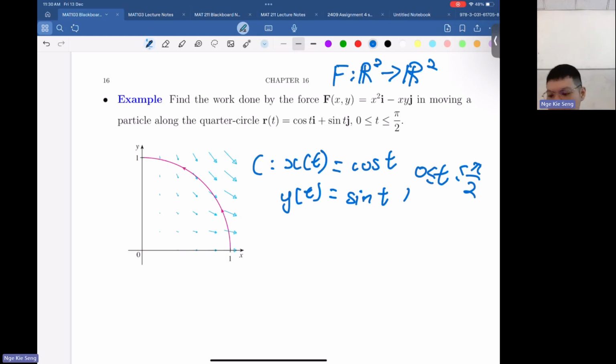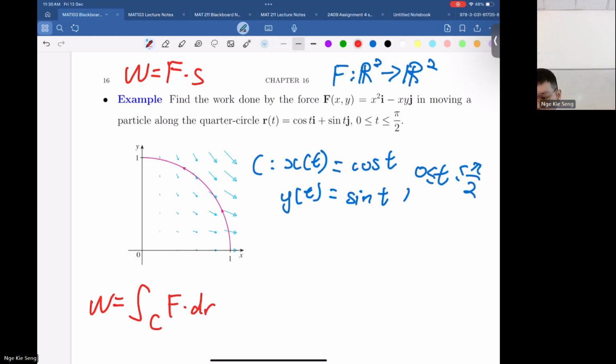So what's the work done here? One way to compute work is force times displacement. But we're going to do it in this continuous way. So the work done will become the integral along this curve of F dot dr. You see this dot is really a dot product.